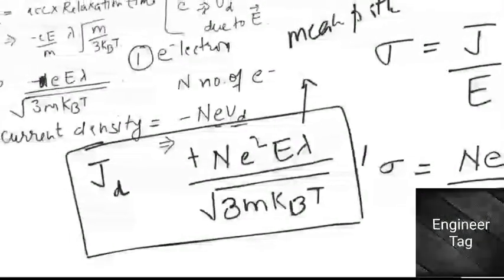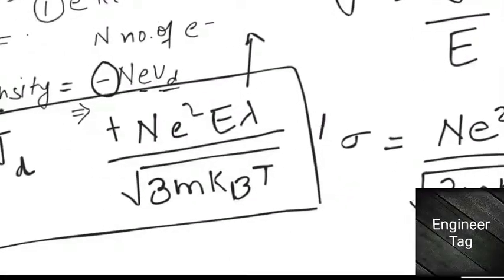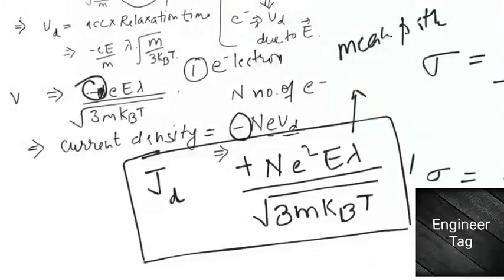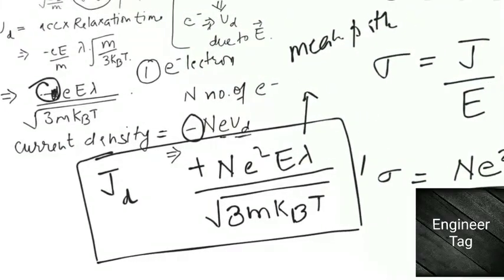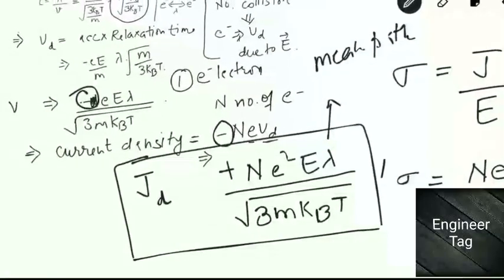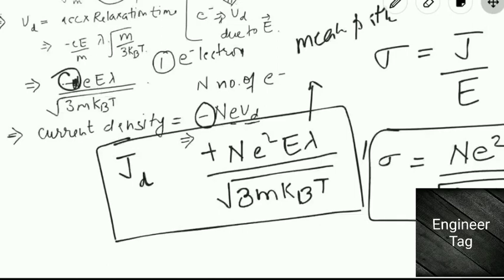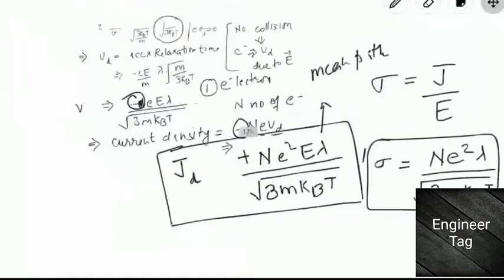Here it is positive because one negative is here and one negative is here. So we find the electrical conductivity using the classical model of free electron gas.